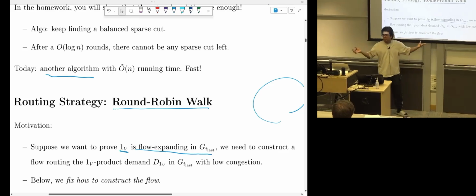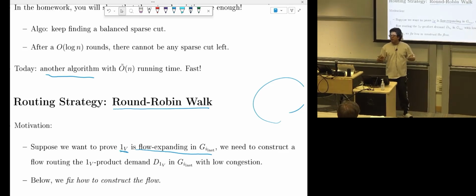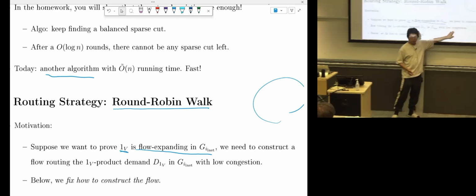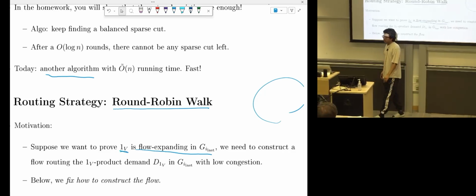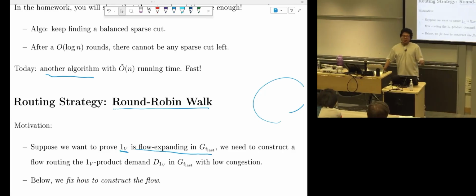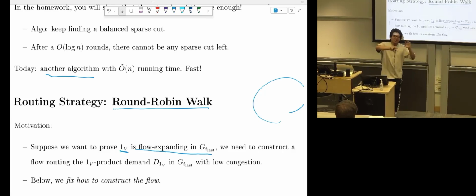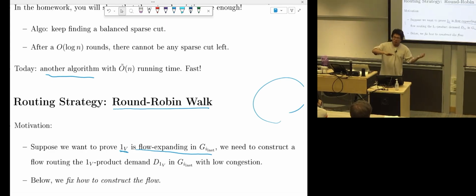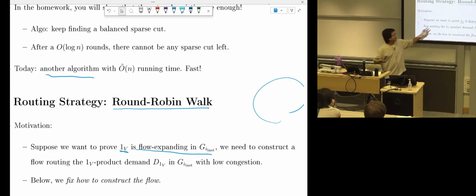That's the definition of what it means to be flow expanding. If you can route the product demand, then you're done. So you want to construct a flow that routes the product demand with low congestion. That means you need to choose cuts cleverly, and also show how to construct a flow that routes this demand.